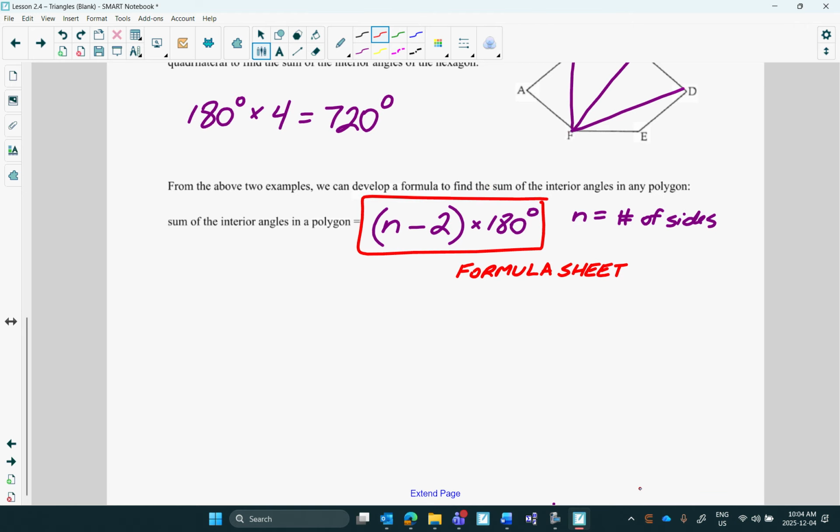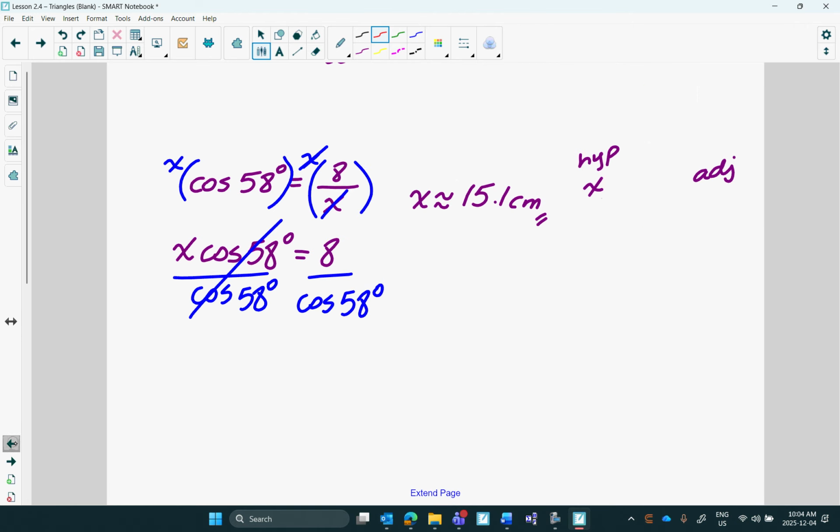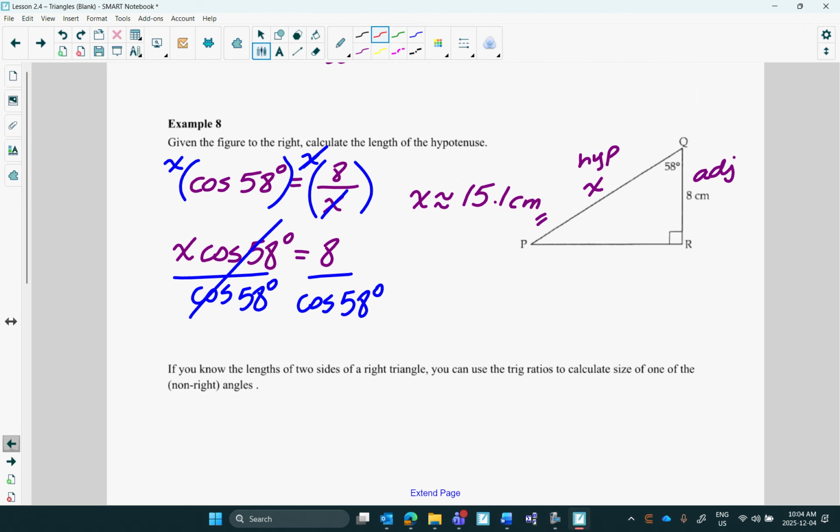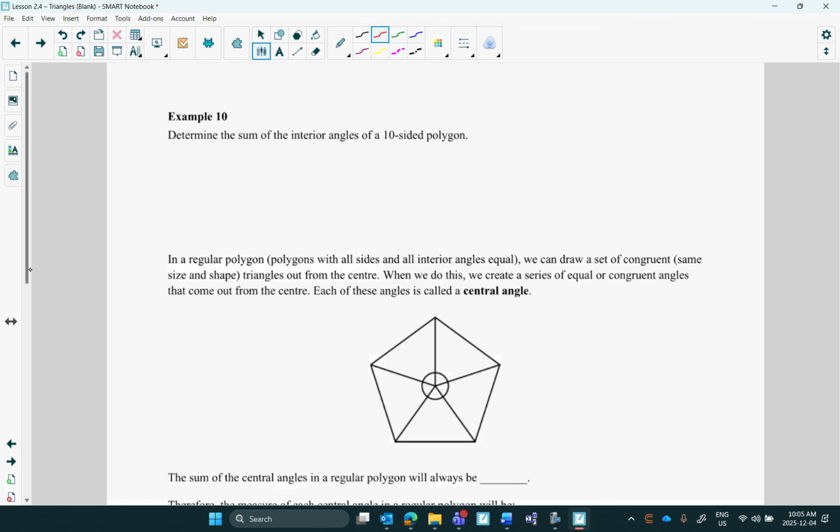Final thing we're going to look at are triangles, polygons. Oh, let's do this example first. So how would you find the sum of all the inside or interior angles in a 10-sided polygon? What would you do? 10 minus 2 times 180.